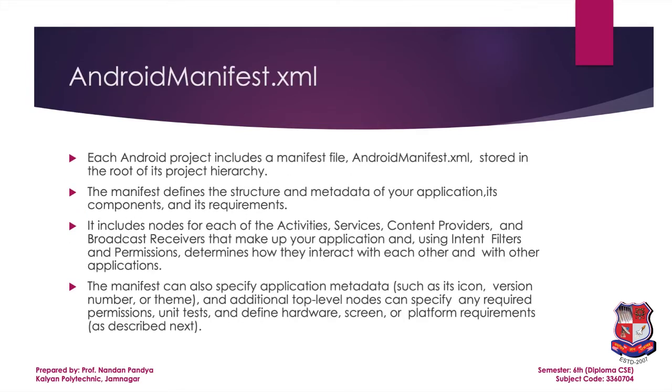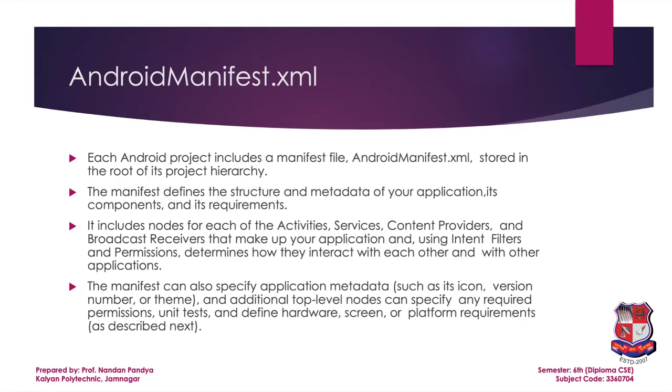Every project in Android includes a manifest file, which is AndroidManifest.xml, stored at the root of the Android project hierarchy. The manifest file is an important part of our application because it defines the structure and metadata of our application, its components and its requirements.